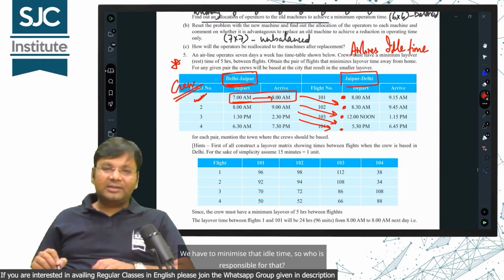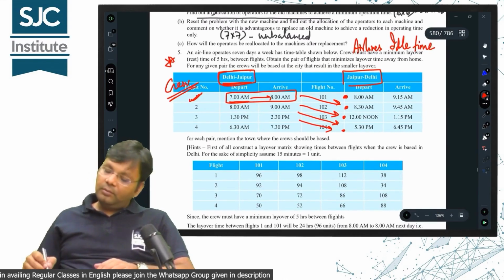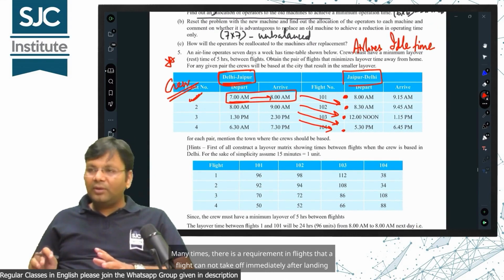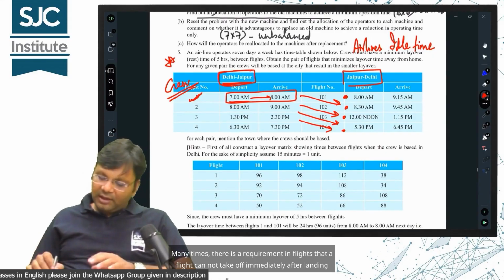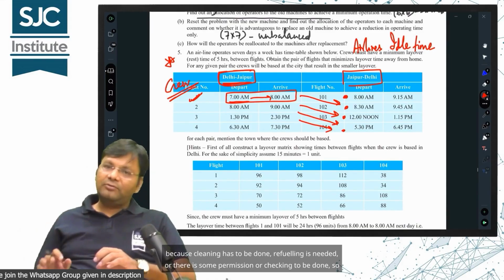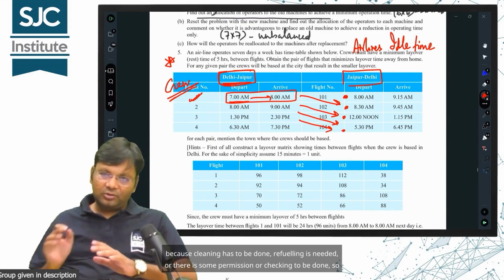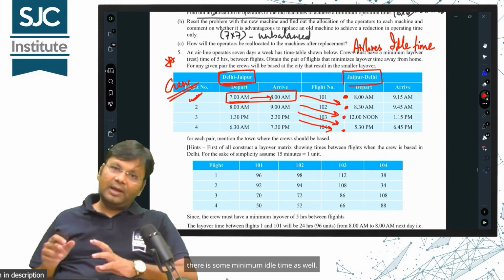We have to minimize that idle time. Many times, there is a requirement in flights that a flight cannot take off immediately after landing because cleaning has to be done, refueling is needed, or there is some permission or checking to be done, so there is some minimum idle time as well.